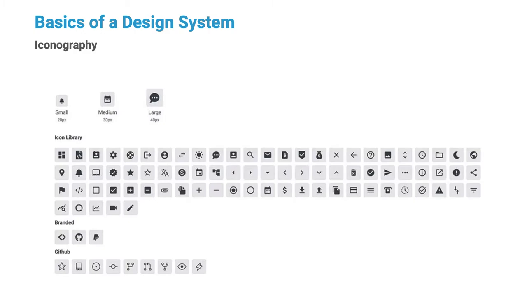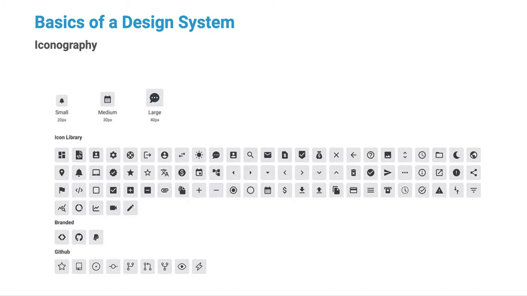I started with some of the icons from the top bar and then from the sidebar, and along the way, when I was designing more elements and components, I added to this library. As you can see, I also set the standards: what is the minimum size, what is the regular size, and what is the maximum size.